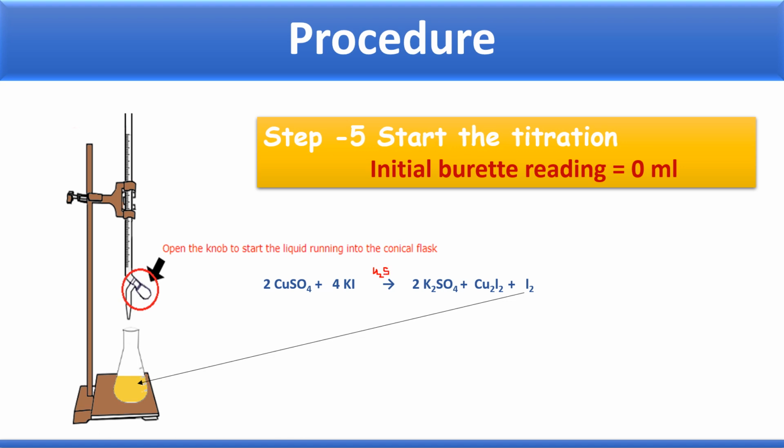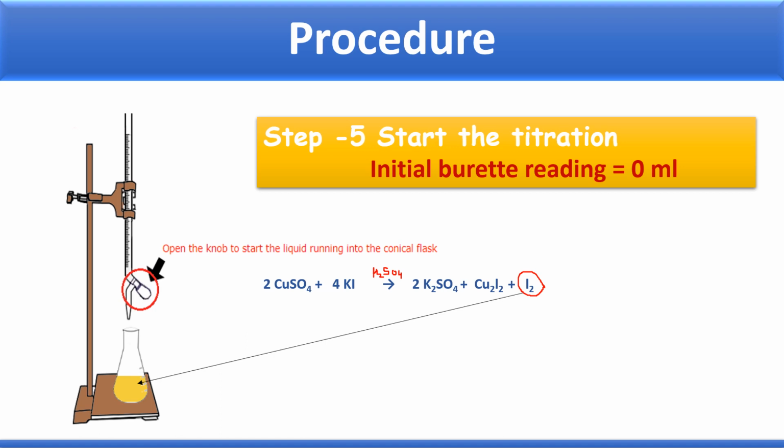We are well aware that copper sulfate when it reacts with potassium iodide in acidic medium, it liberates an equivalent amount of iodine, and due to the liberation of this iodine, the color of the solution becomes brown. So titration is started at this point.